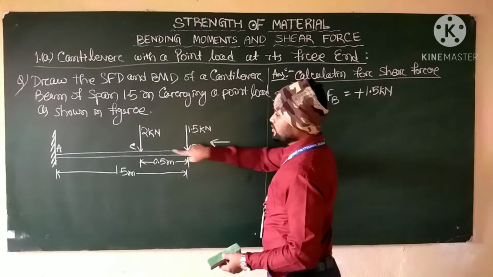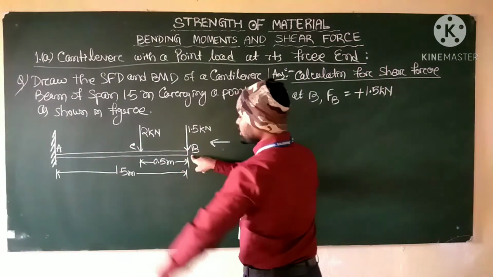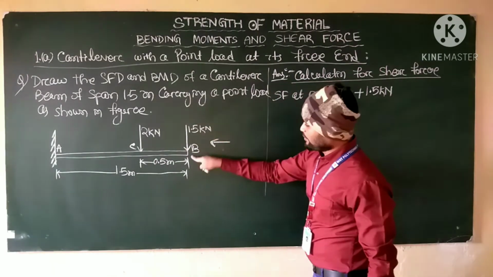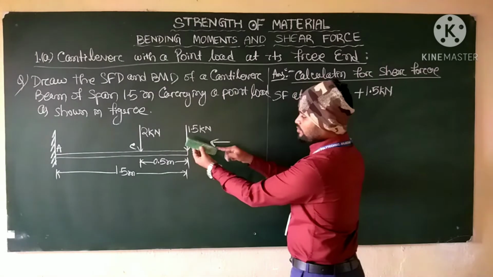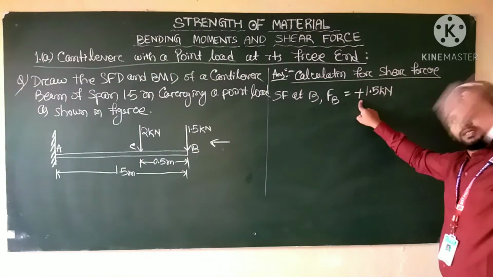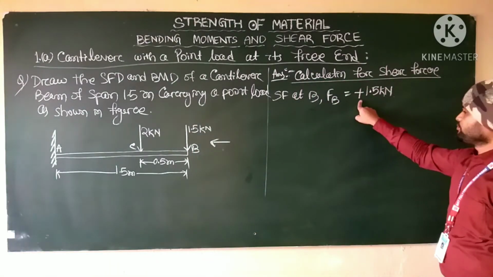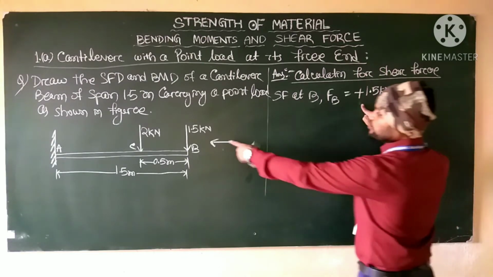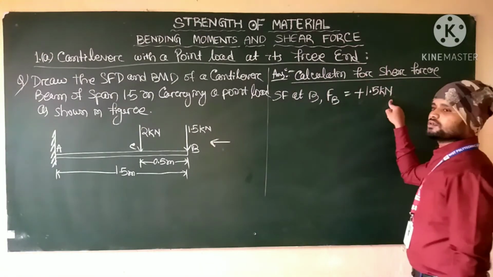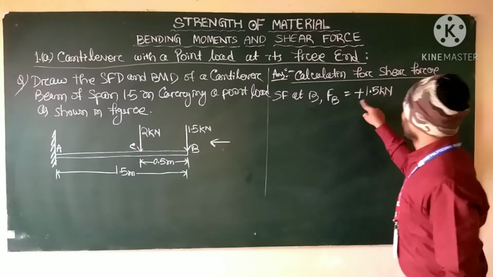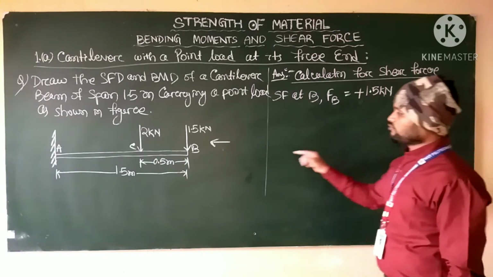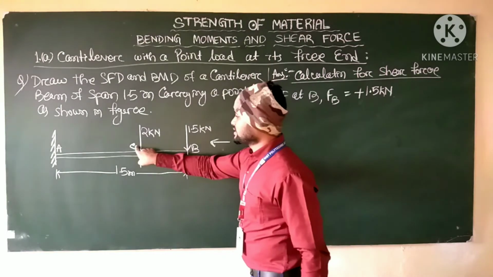This is the right hand side of the beam, this is the left hand side. If load is applied on the right hand side of the beam, then the beam slides downward. Right hand side downward means positive. We have seen this in the sign convention. So plus, and the amount of load is 1.5. Previously in the formula we wrote plus W. Here we write plus 1.5 kilonewton. So after point B, the point C comes.